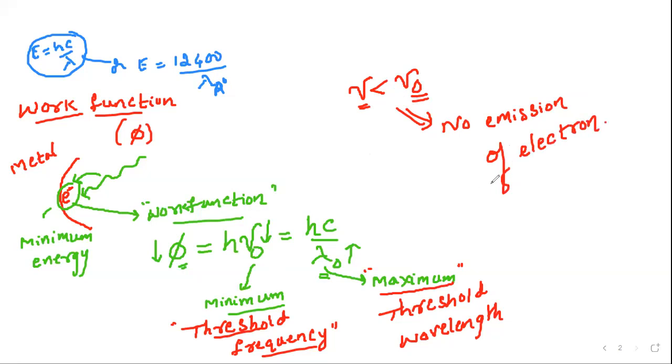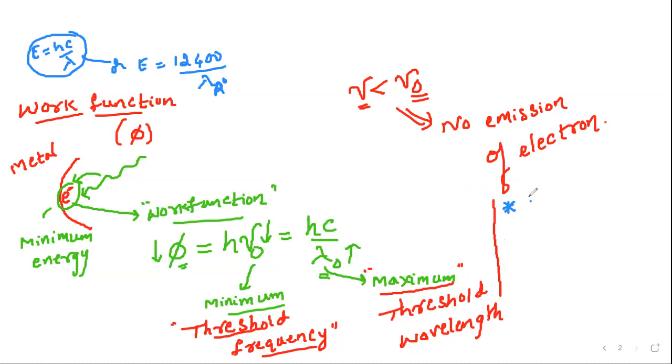If the frequency is less than the threshold frequency, there will be no emission of electrons. Clear? So please remember these two particular formulas, and the basic important properties you have to remember here. What are those particular properties? Now, one by one I will write.